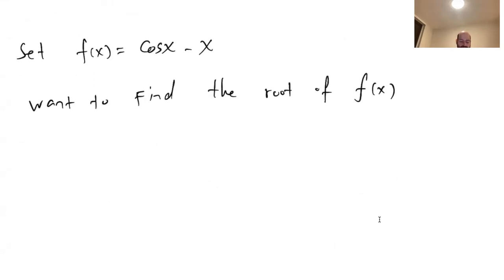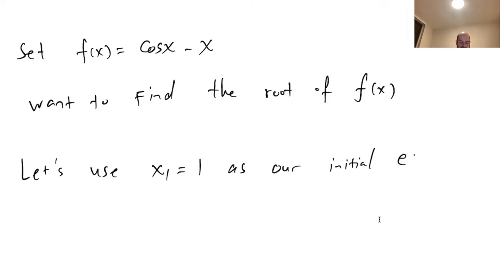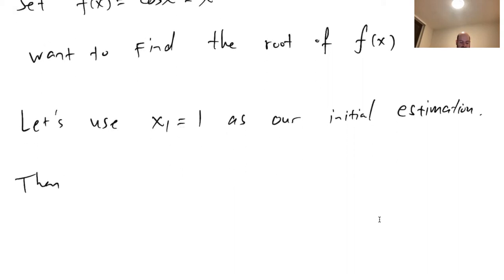So let's use, for example, x1 equals 1 as our initial estimation. Then x2 will be what? x1 minus f of x1 divided by f prime of x1.